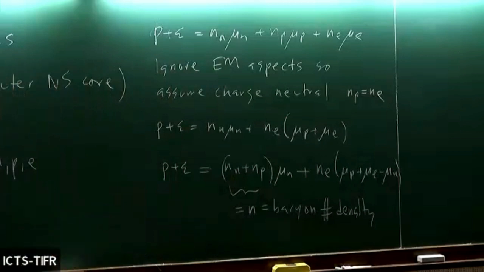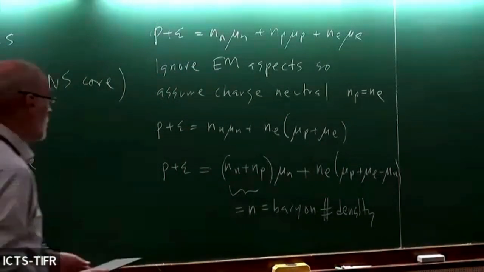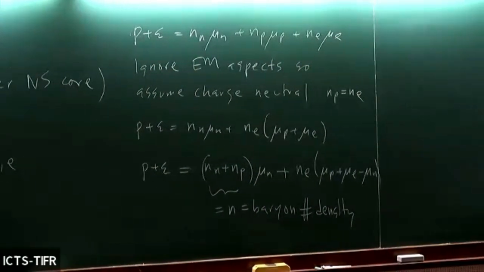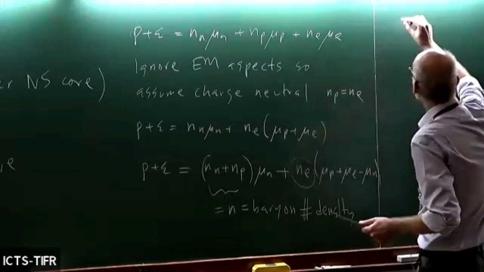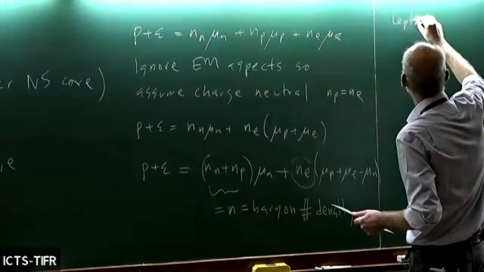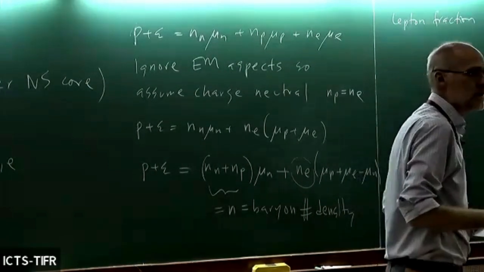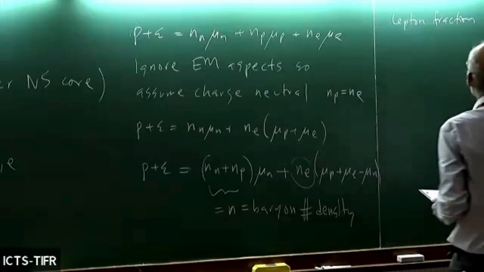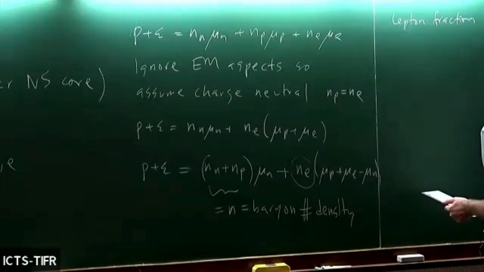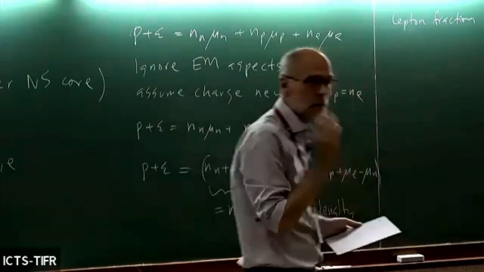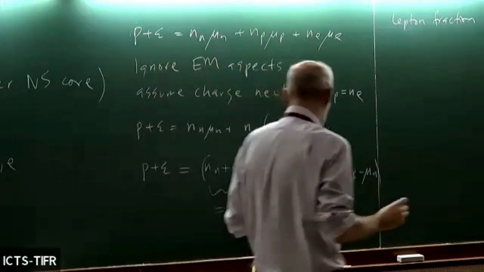So I'm basically adding zero, but I'm adding the same thing and taking it away. And then I'm going to change this variable. I don't need to do it now, but I will do it because we might come back to this a little bit later on. So I'm going to introduce the lepton fraction, let's call it YE, which is just the number of electrons per baryon. And now we have a final thing we can write down.